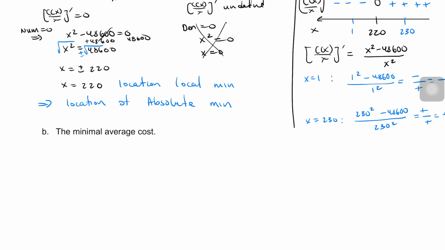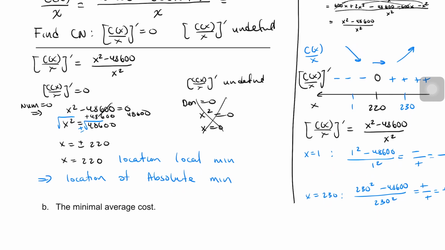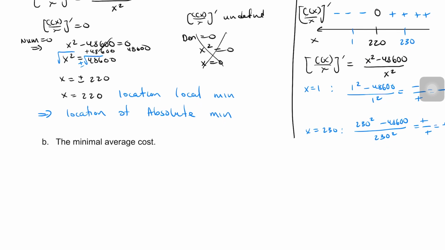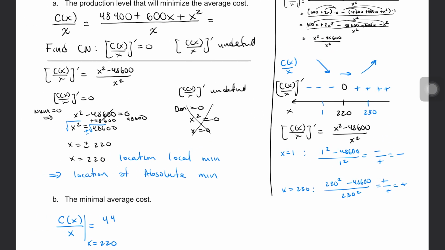So we found the production level that needs to be produced to have an absolute min, but now we have to find what the minimal average cost is. So all we've got to do is take the average function and replace x with 220. We're going to plug in the 220.